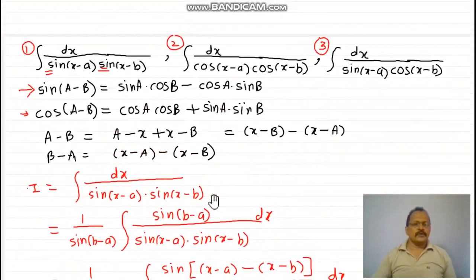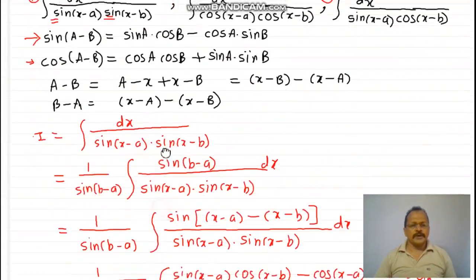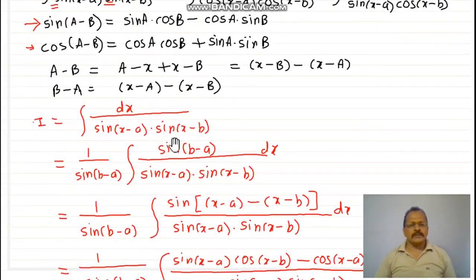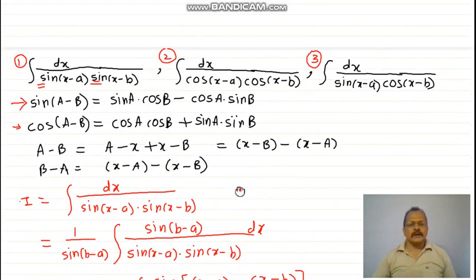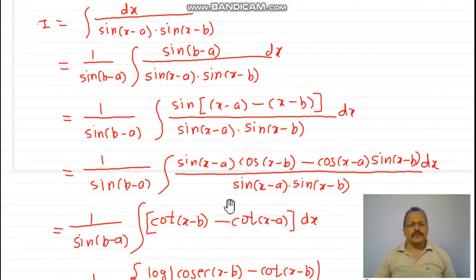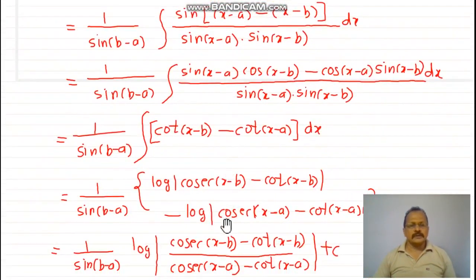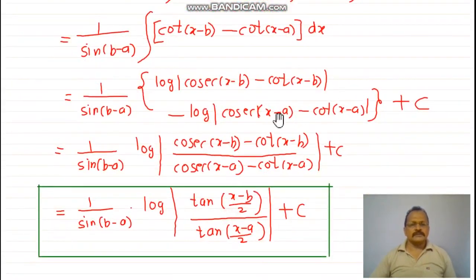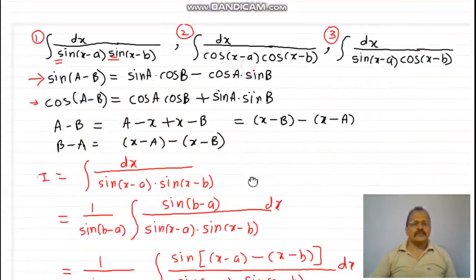Therefore I am going to multiply and divide by cos(b minus a). Here I have multiplied by sin(b minus a), and in this third one I will multiply by cos(b minus a), and using the similar procedure we can find out the answer. These two problems are for homework.